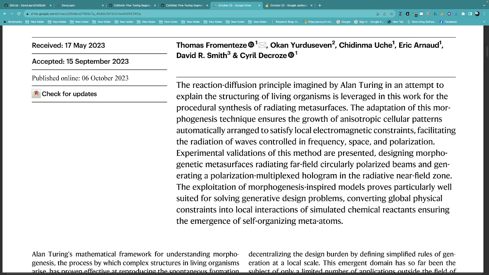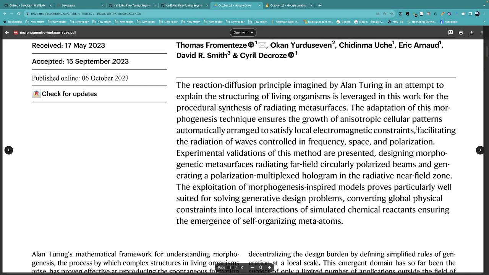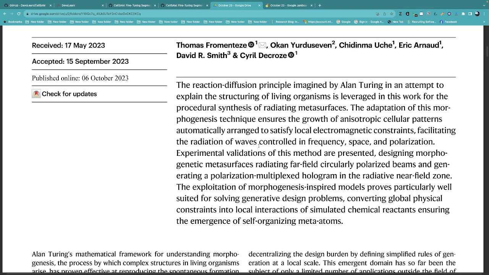We want to make sure that, for reasons that you might use the surface as a substrate or in nanoelectronics or other types of applications like that, we want to have something that conforms to local electromagnetic constraints. We also want to have a controlled sort of pattern that is useful for different types of things.